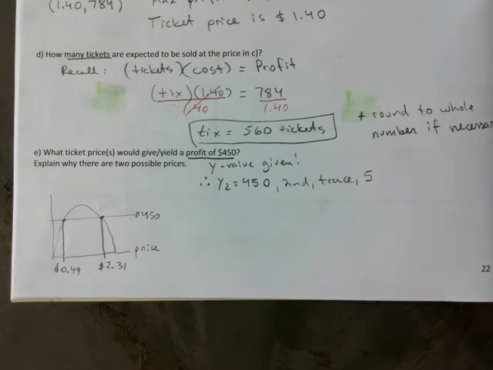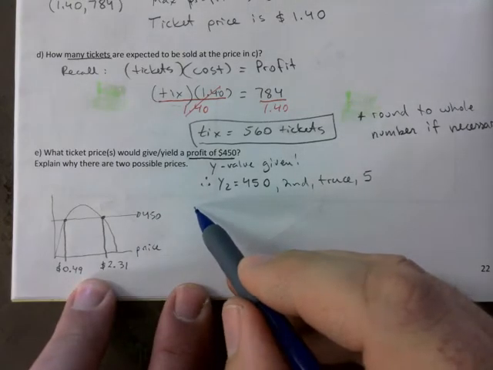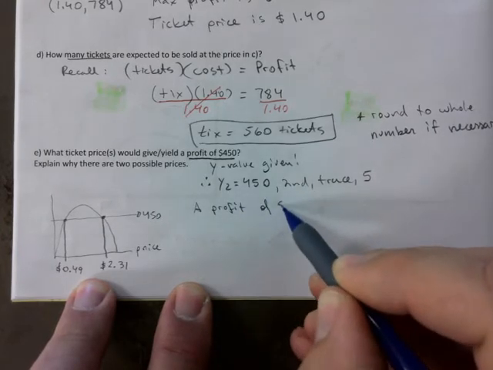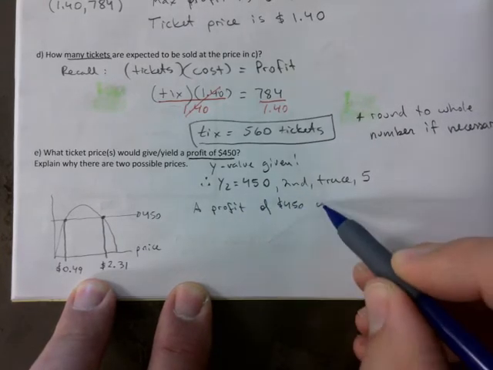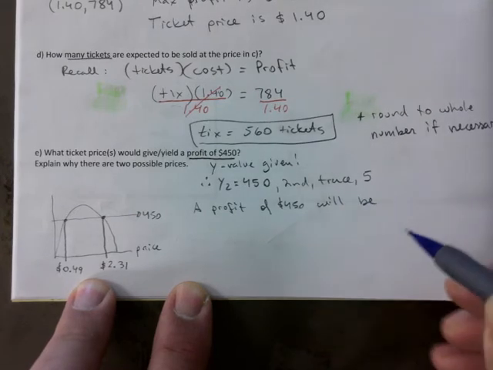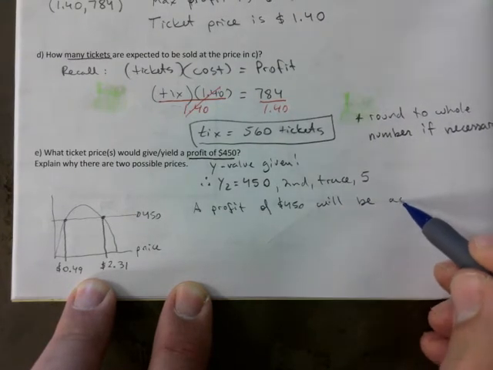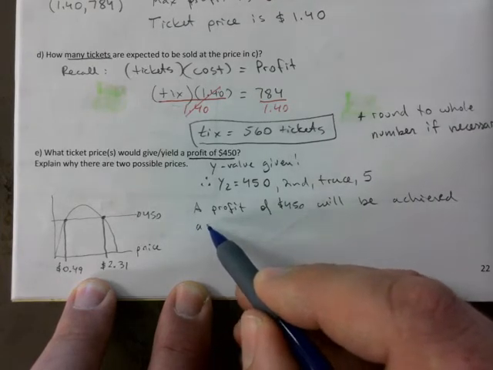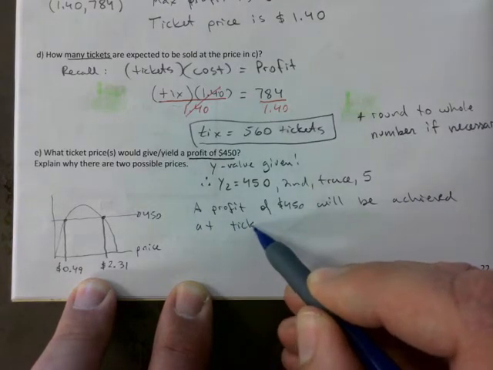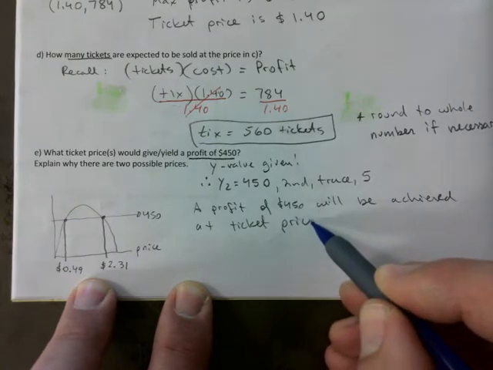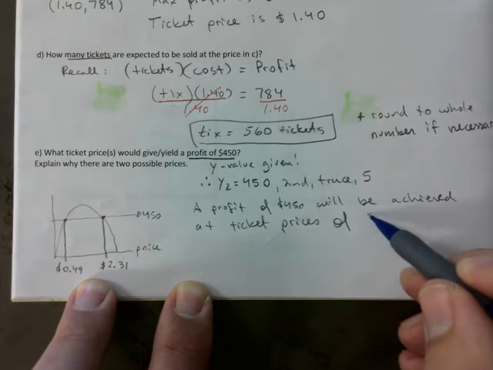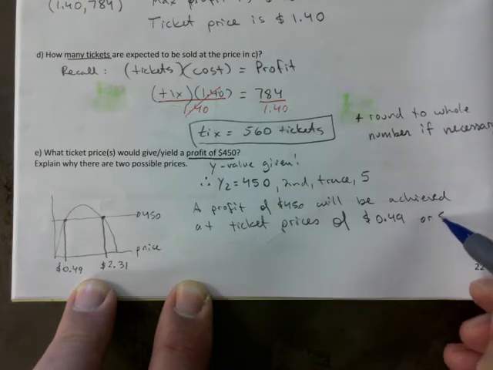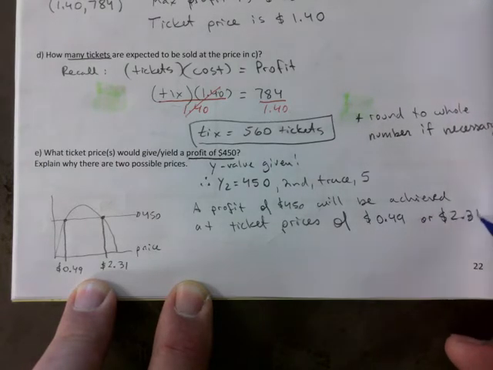A profit of $450 will be achieved at ticket prices of 49 cents or $2.31.